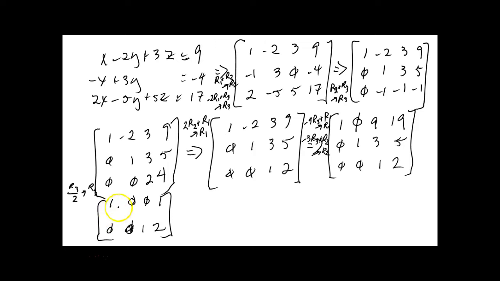So what does your new row 2 look like? 0, 1, 0, negative 1, right? And guess what? That's exactly what we got before. X equals 1, y is equal to negative 1, z is equal to 2.